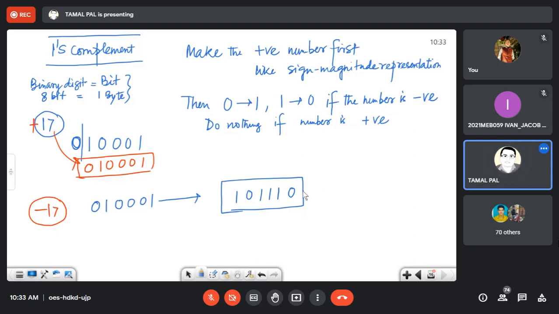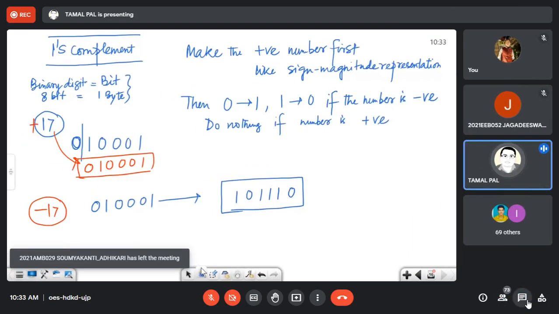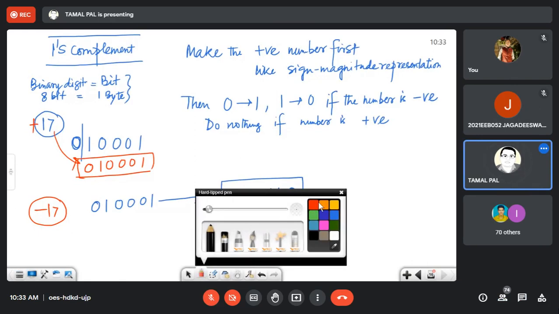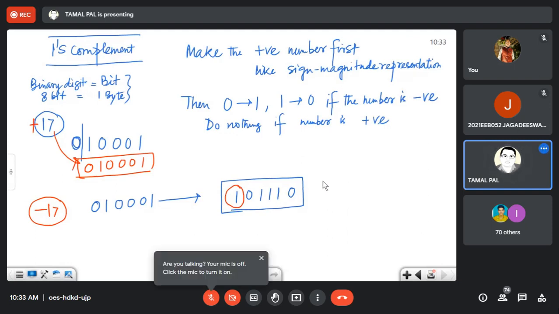So this is the negative representation of 17. Understood? Yes, sir. Sir, how to check it's minus 17? Always check the sign bit. If your sign bit is 1, then you can tell that it is a negative number.